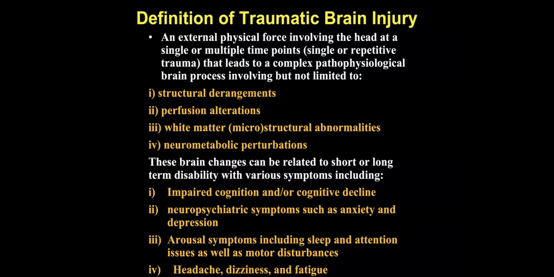And so again, I defined traumatic brain injury last week, but to really add a lot more granularity and specificity, traumatic brain injury is an external force involving the head at a single or multiple time points.